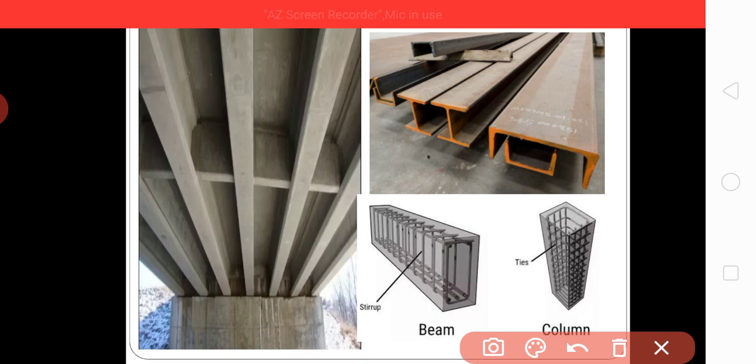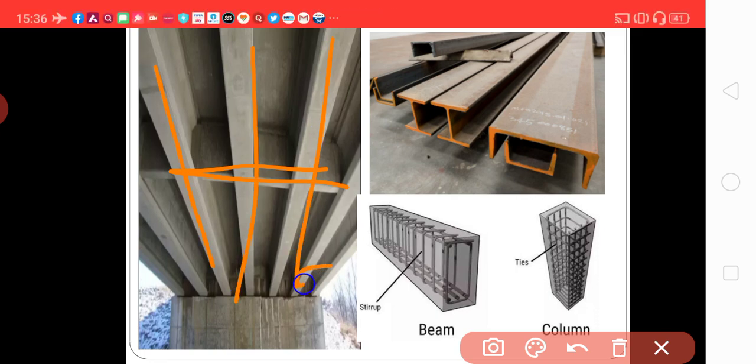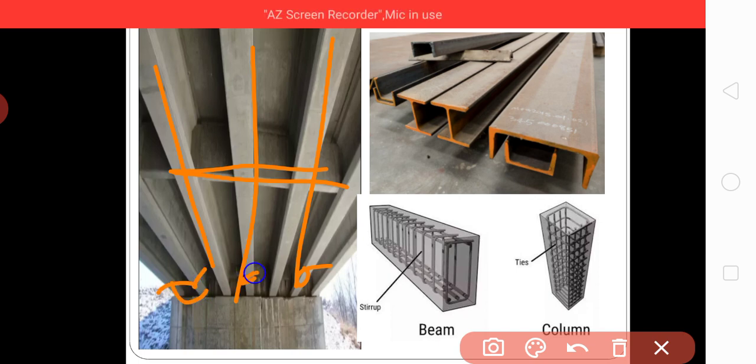So they get more strength. This is the cross beam, to tie these horizontal beams. They are kept on simple supports to take into account the thermal coefficient of expansion in the summer and the thermal coefficient of contraction in the extreme winters.